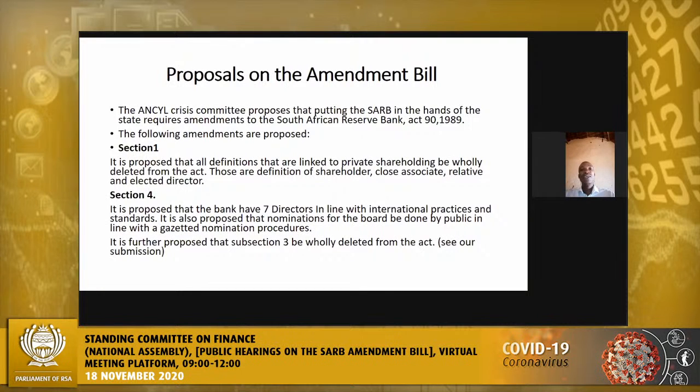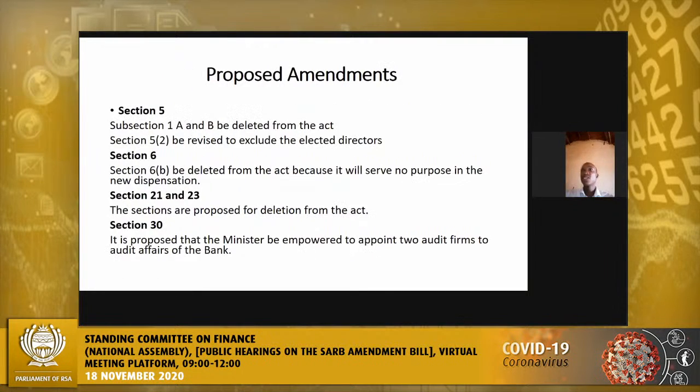We have a problem with some of section 5. Sections 1A and 1B shall have no bearing on the Act that will be adopted, removing shareholders. So sections 1A and 1B should be deleted, and section 5(2) be revised to exclude elected directors.